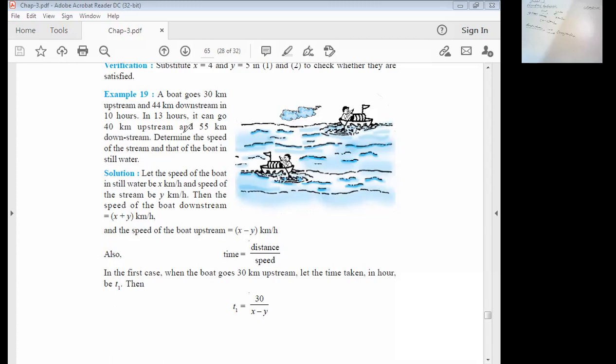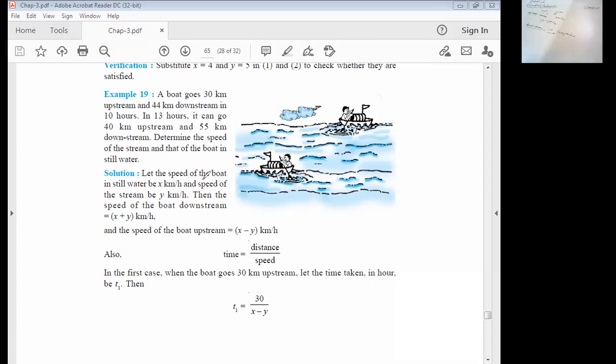Stream means water, speed of water, and that of the boat in still water. Students, the picture is also given here. Look, in the first condition, both are in the same direction. In the second picture, it is the opposite direction. Yes or no? If the boat and the stream are in the same direction, it means downstream, and if they are in opposite directions, it means upstream.